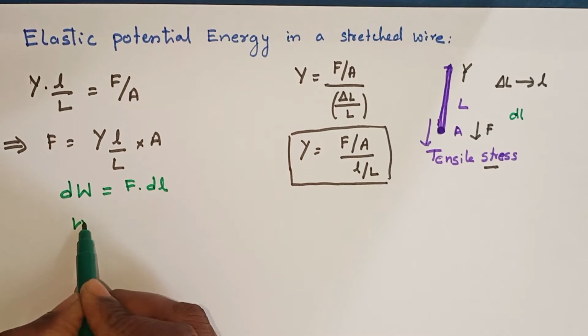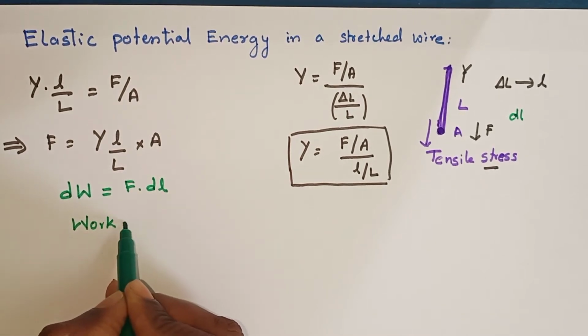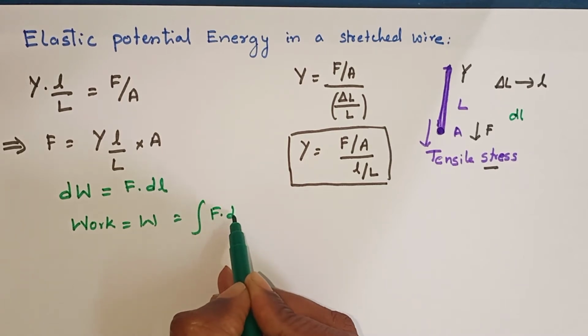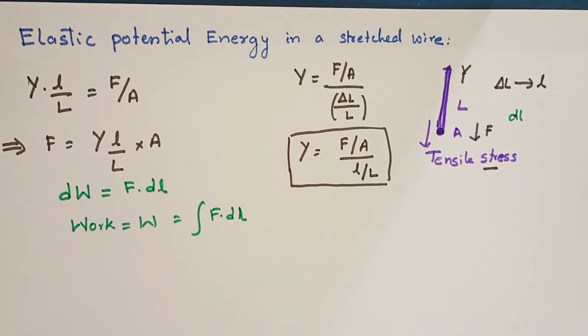Obviously W is equal to the integration of F dot dl, where dl is infinitesimal length, and further increasing the length by applying force indicates that we are now doing work. Now we substitute all of this and we'll get the formula that gives energy stored in a stretched wire, not a compressed wire. This is a stretched wire.